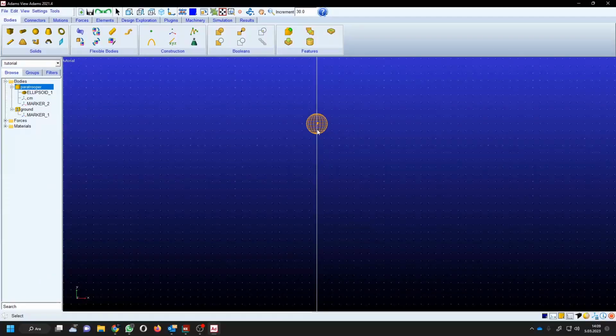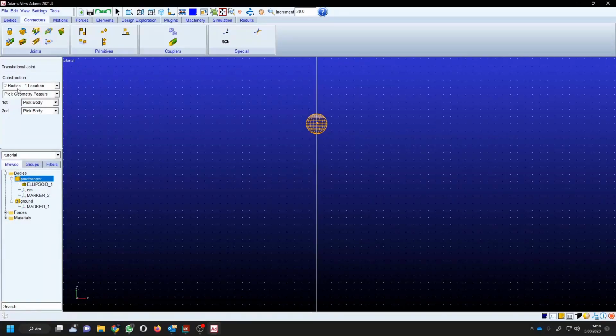So I will create a translational joint in the y-axis direction between my part and ground. This will do no harm to my model, and I believe it will decrease the computational cost of the Adams solver. Using connectors here, I will create a translational joint, 2 bodies and 1 location.